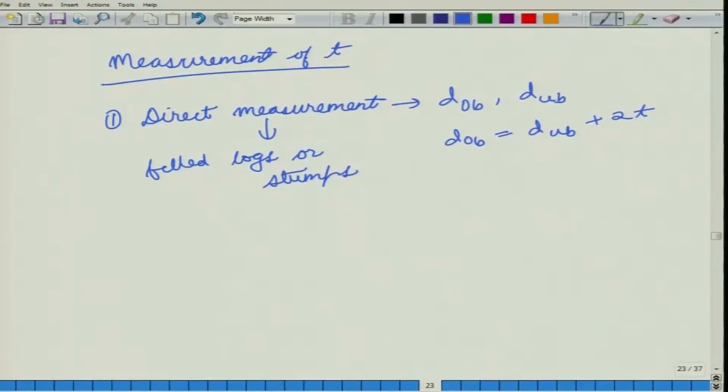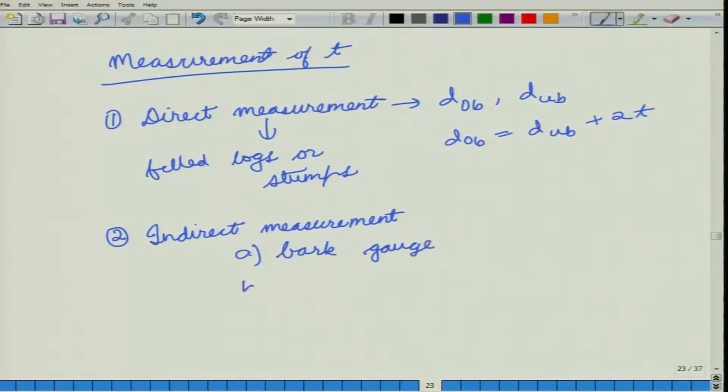In other cases, we might go for an indirect measurement. So, indirect measurement can be had using an instrument such as a bark gauge or a bark probe, or we might measure it using a bark function or relationship.